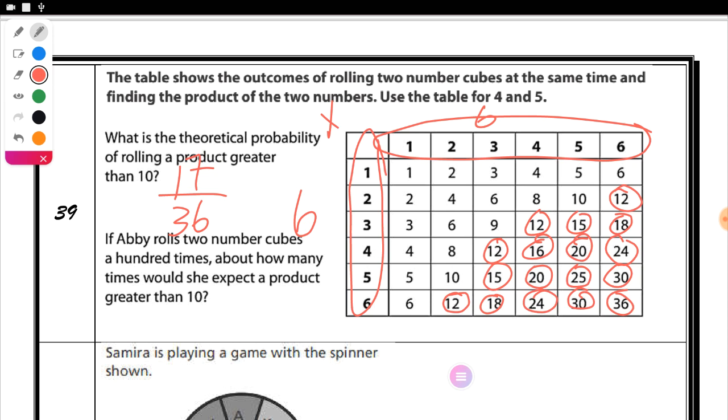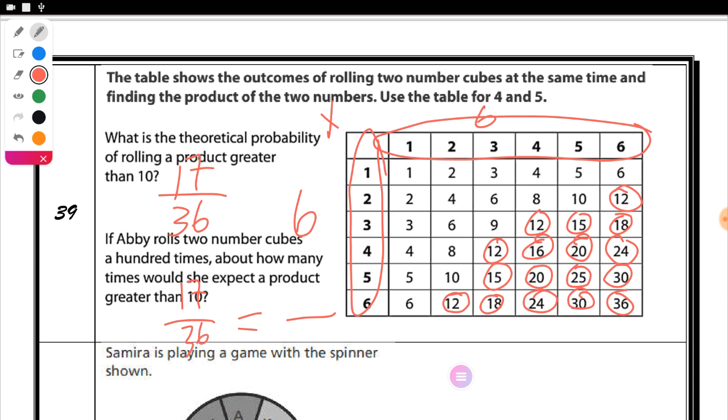If AP rolls 2 number cubes 100 times, about how many times would you expect a product greater than 10? So I will predict. I will expect what will happen in the future. It's proportional: equal ratios. The first one represents the theoretical ratio, which is equal to 17 over 36.